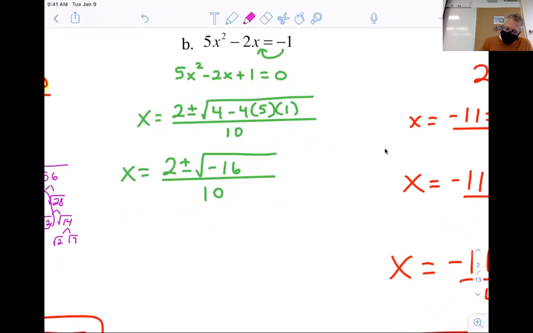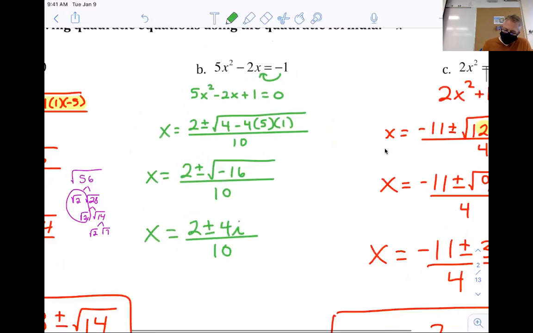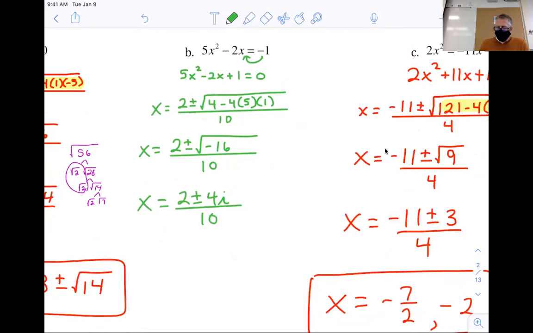Now remember that square root of -16 we can write as 4i, because the square root of 16 is 4 and the square root of -1 is i. So I can write that as 2 plus or minus 4i over 10. And then canceling a 2 from each part, x equals 1 plus or minus 2i all over 5.